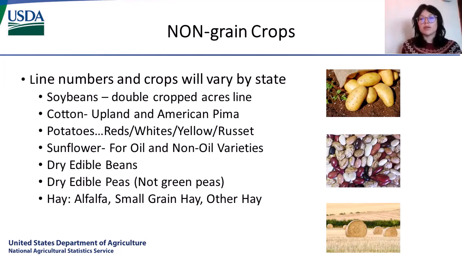Moving on to the non-grain crops. Here again, line numbers and crops will vary by the state questionnaire version you are working on. The non-grain crop portion of Section D includes crops such as soybeans, cotton, potatoes, sunflower, dry beans, dry peas, and hay.